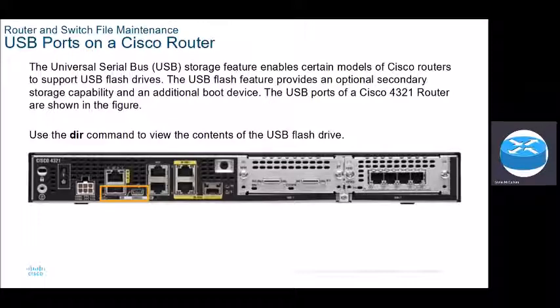So the USB flash feature provides an optional secondary storage capability and an additional boot device. USB ports on the 4321 router are shown in the figure. You use the dir command to view the contents of the USB flash drive.